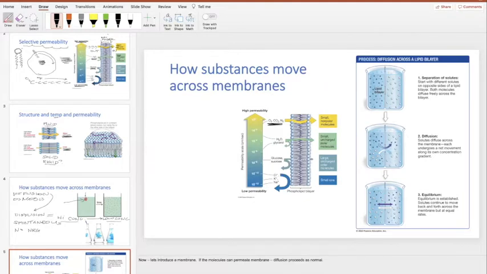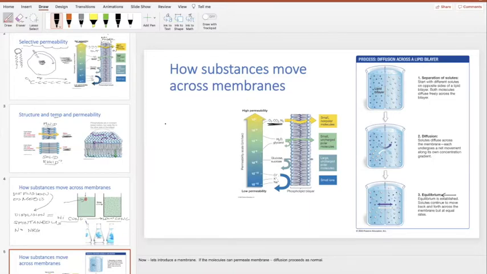So if these things can move unimpeded across the membrane, then just through the spontaneous action of molecular motion, we're going to have diffusion across the membrane until we reach something called equilibrium, where we have molecules, they're still moving, but the general case is that the concentration is even on either side, okay?